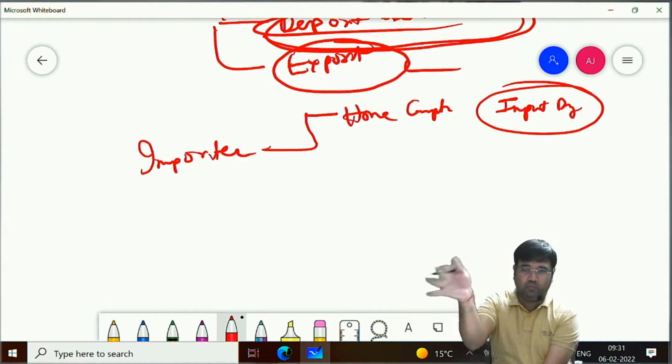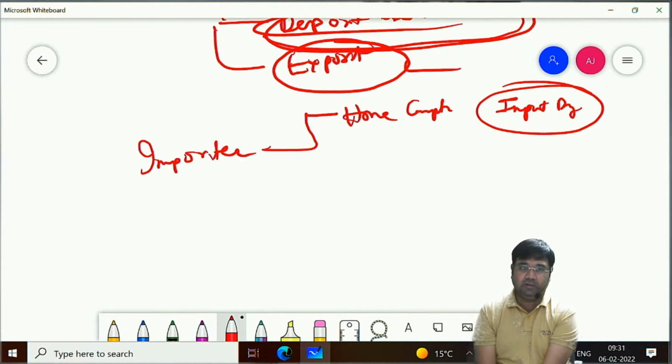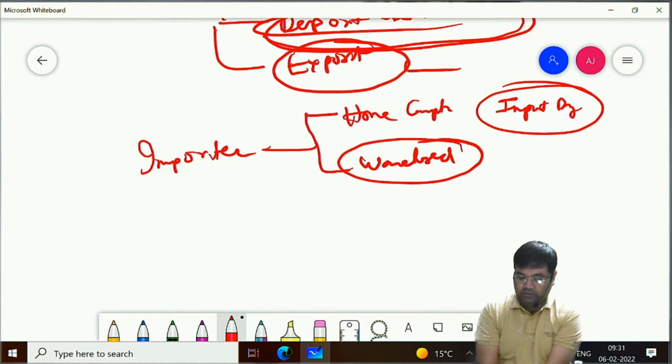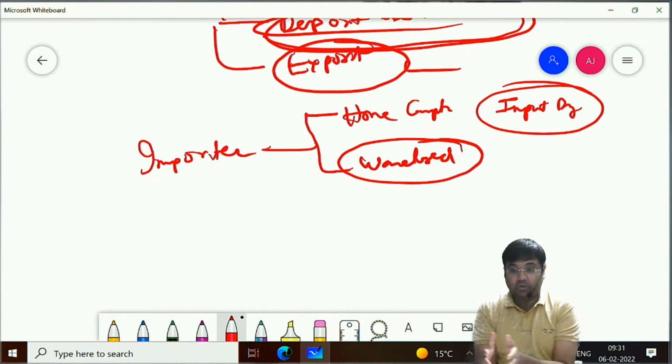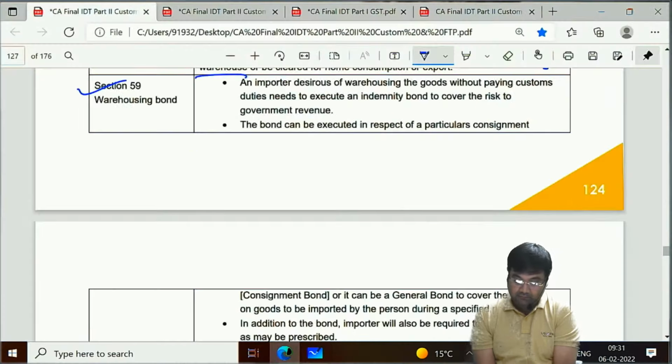Whatever he would like to do with the goods, let him do, because he is ultimately the owner of the goods, the importer. But if goods are warehoused, government is yet to get the duties. So it is warehoused. Now let's say the licensee can do anything.